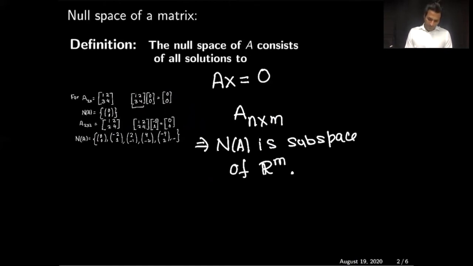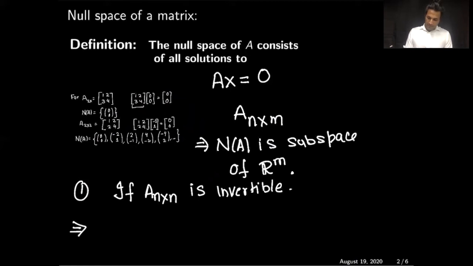And also one more remark: if A is an n by n matrix and is invertible, then there exists A inverse which, when you multiplied by A, gives you the identity matrix. This is the definition of invertibility.